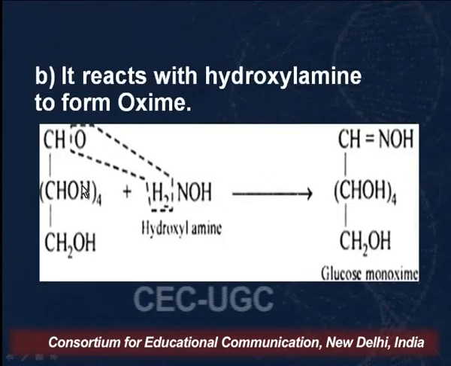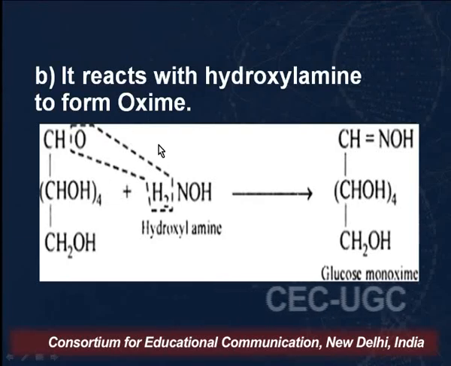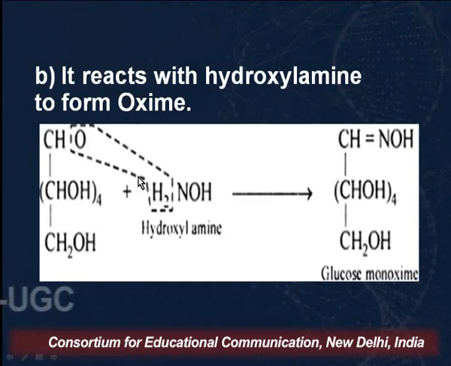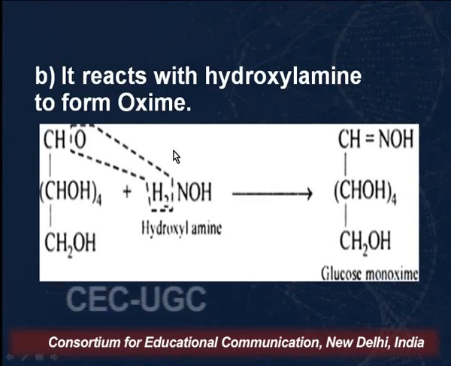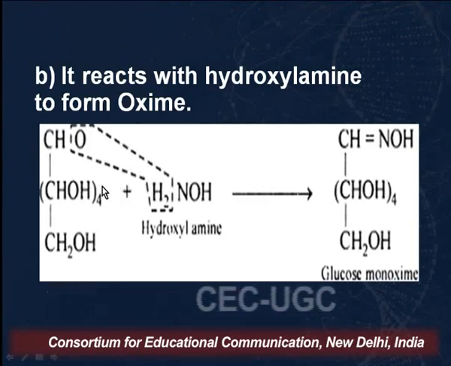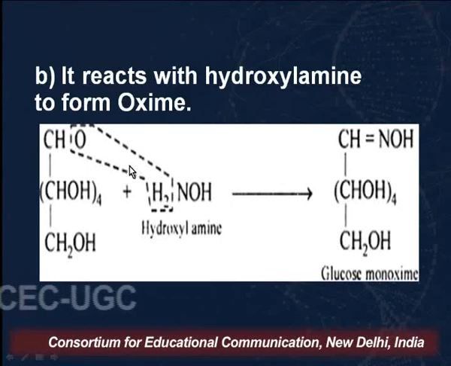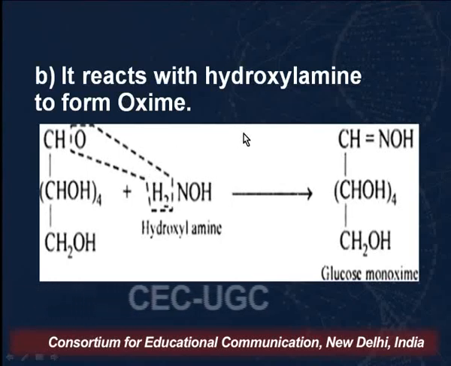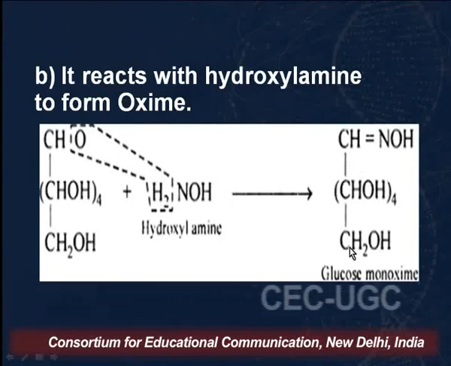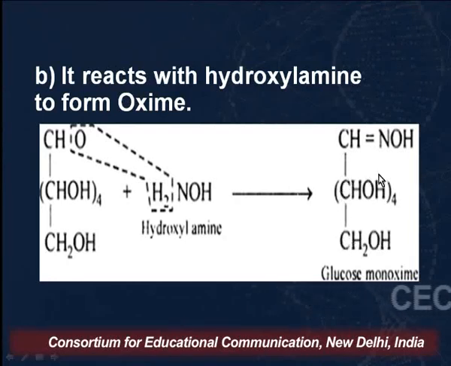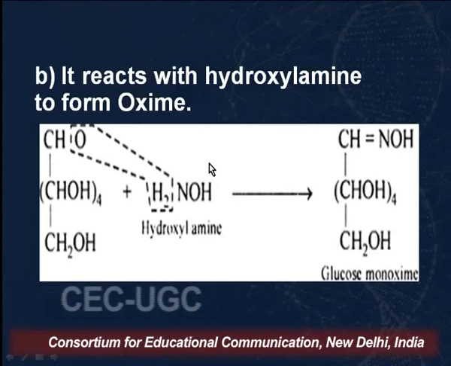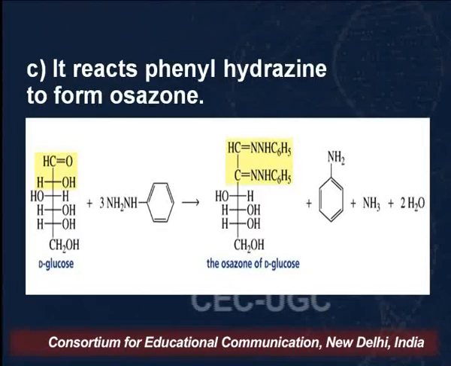Next, glucose was treated with hydroxylamine, and it underwent a condensation reaction, in which the oxygen of the aldehyde group and H2 from hydroxylamine were eliminated as a water molecule, resulting in the formation of glucose monooxime.